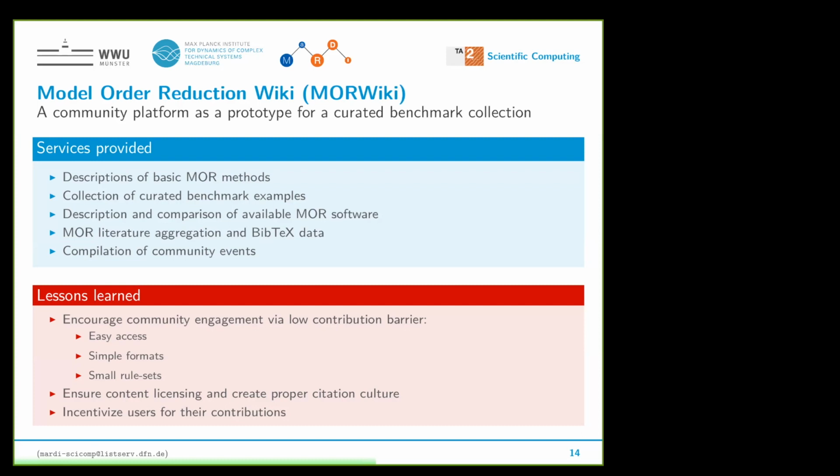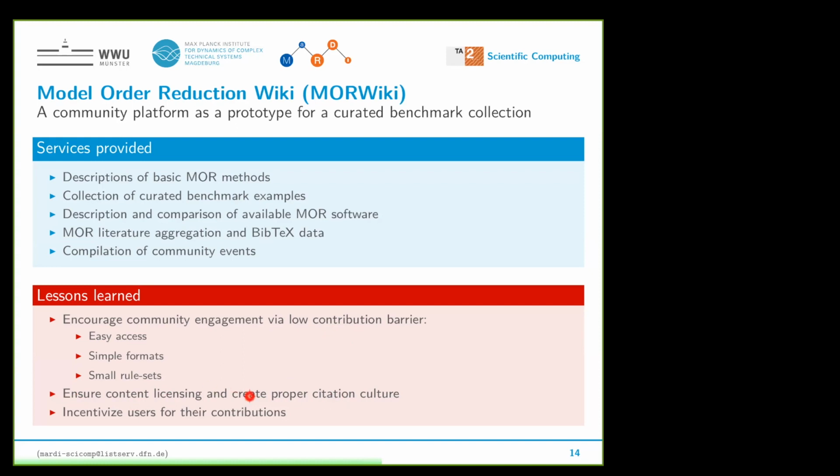So we tried to make the access as simple as possible. We tried the simplest formats that you can think of, small rule sets. So the submission rules are a full page, but we try to keep them as precise as necessary, but as vague as possible to not scare people off too early.